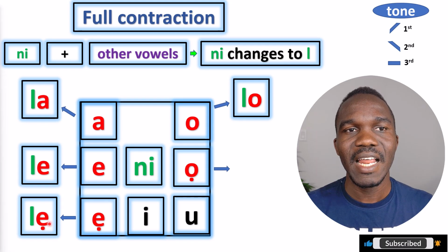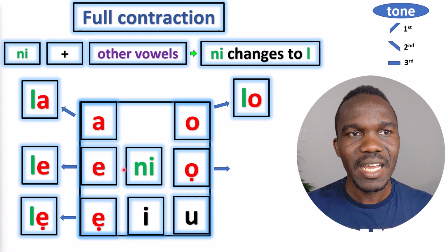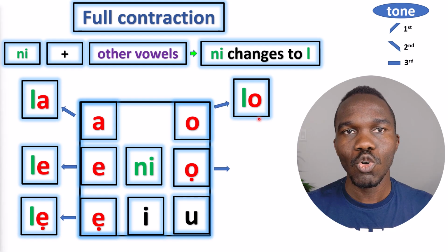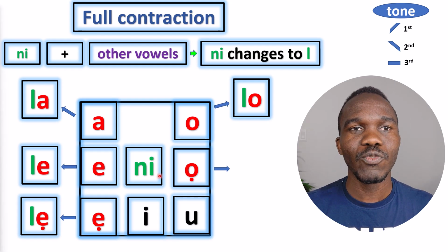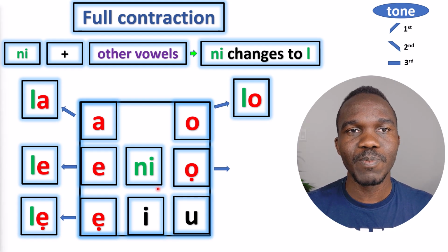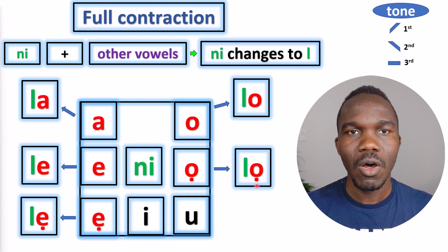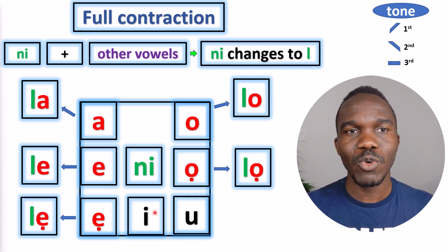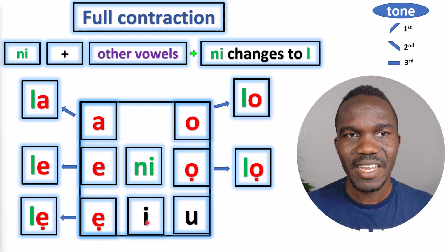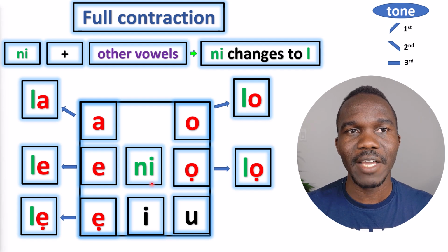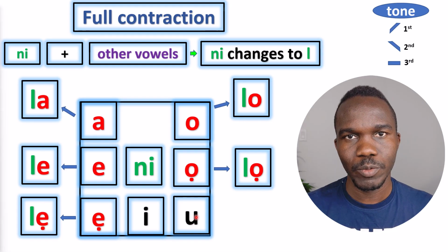La, le, lo. So if it joins with o, what will it be? Lo. But we don't have anything like li or lu. We have ni, nu. So the rule doesn't apply to i and u.